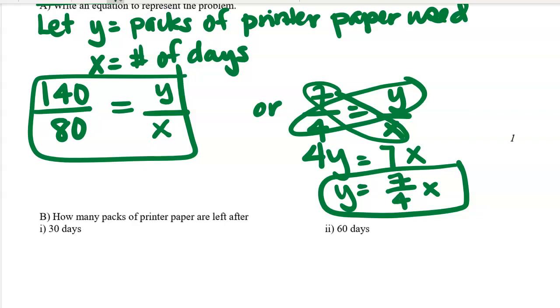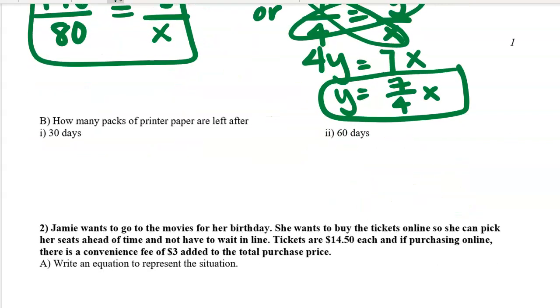Can you guys see that? But what is the question B asking? Left. So how do we find something that's left over if our equation is how many is used? Right. All right.